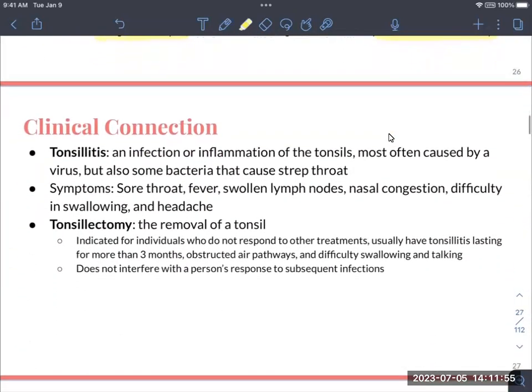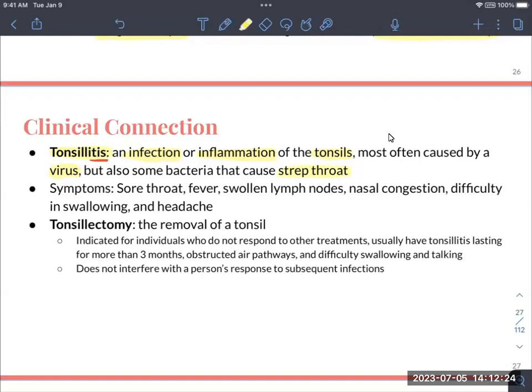So tonsillitis, itis is inflammation. So tonsillitis is an inflammation of those tonsils. That inflammation could be caused from an infection. It's usually viral, sometimes bacterial, because strep throat is technically a bacterial infection.